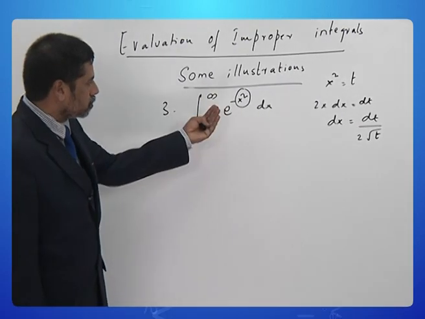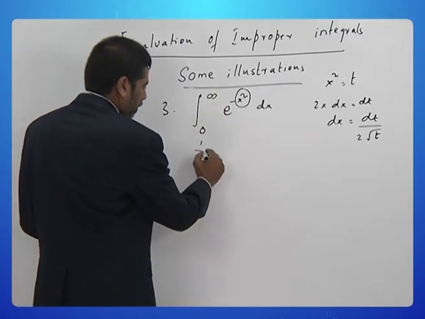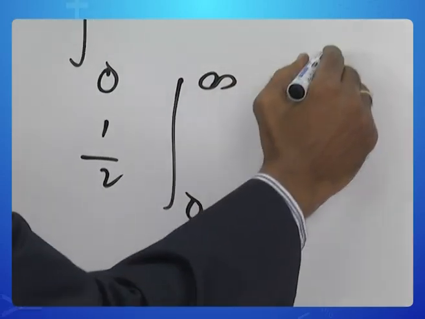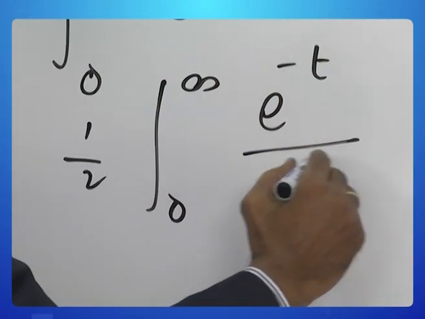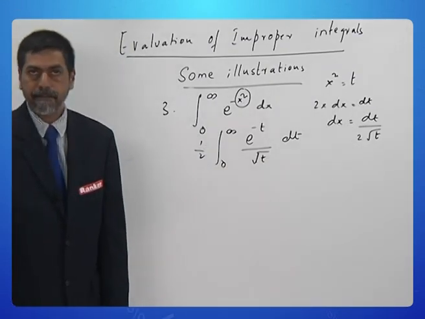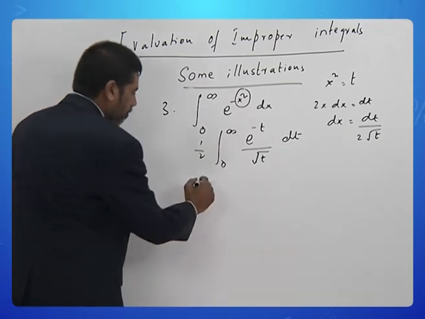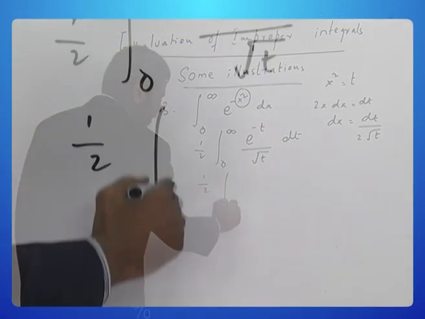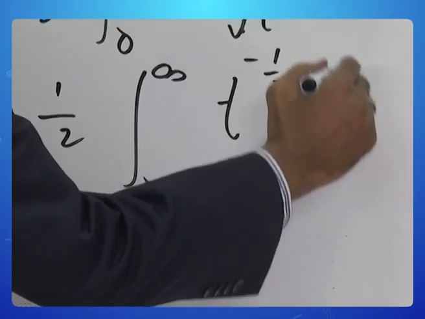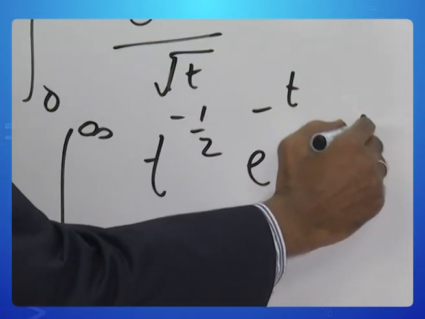So if you introduce it here, you will get half integral 0 to infinity e power minus t by square root of t dt, which we can write as integral 0 to infinity t power minus half e power minus t dt.